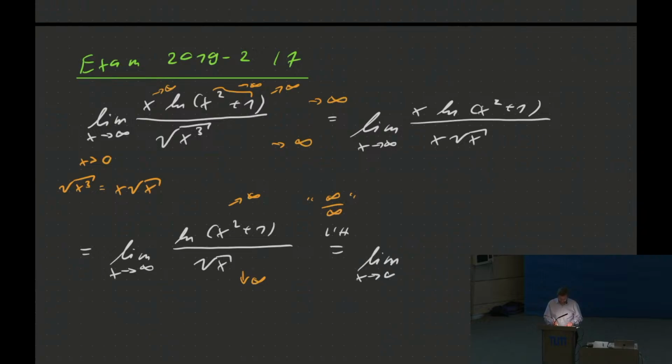And what we get is the limit. Let's see. Differentiating the ln will give us 1 over x squared plus 1. And then we need to multiply by the derivative of this argument, x squared plus 1, that's 2x. And for the square root, we just get 1 over 2 times the square root of x.